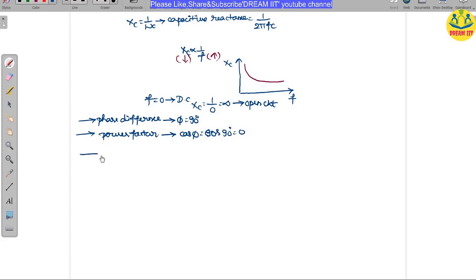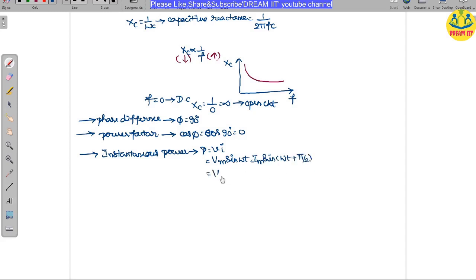Now see the instantaneous power. What is the instantaneous power? P is equal to V into I. V we can write as Vm sin omega t, and I is Im sin of omega t plus pi by 2. Is it right? Yes.